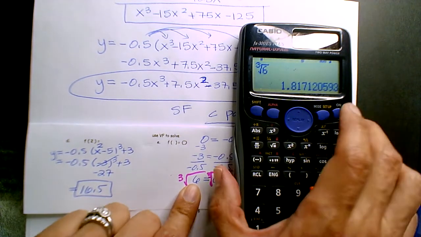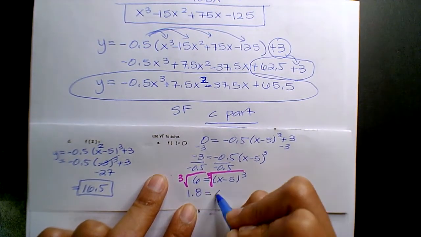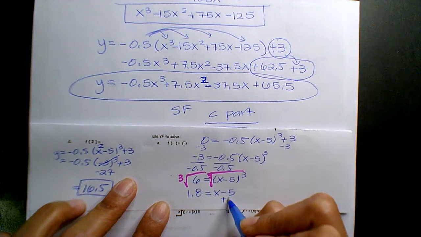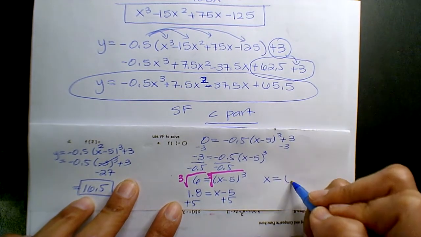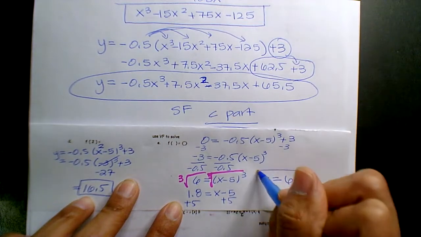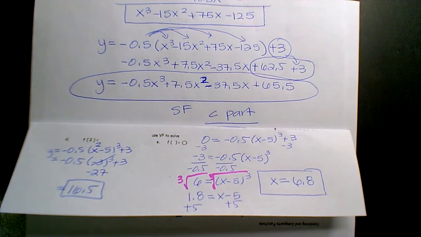And so it's just 1.8. So this is 1.8 equal x minus 5. Add 5. And so for those of you that did the 2 roots, I think you all got the 6.8. I just think you also got a 3.2 or something because you did plus or minus. You did a minus 6 with a positive 5.